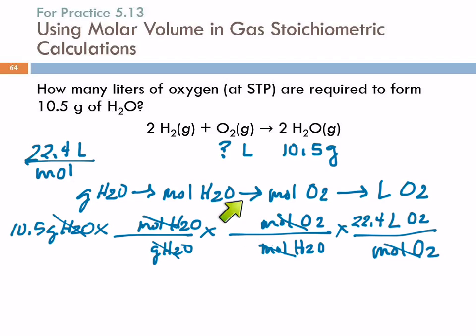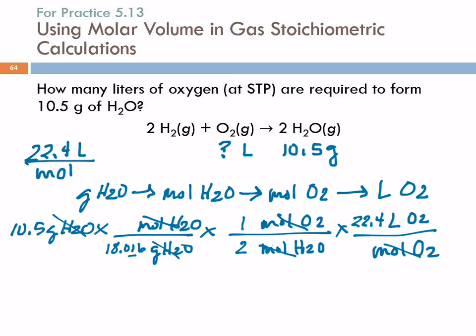The guy in the middle comes from the balanced chemical equation. There's an unwritten 1 in front of the oxygen, and there's a 2 in front of water. So I've got a 2 down here and a 1 up there. The molar mass of water, 2 times the mass of hydrogen plus the mass of oxygen, 18.016. So we've got 10.5 divided by 18.016 divided by 2 times 22.4.